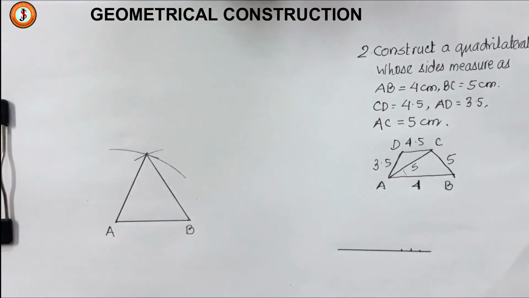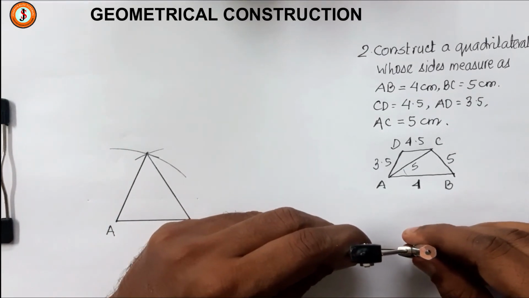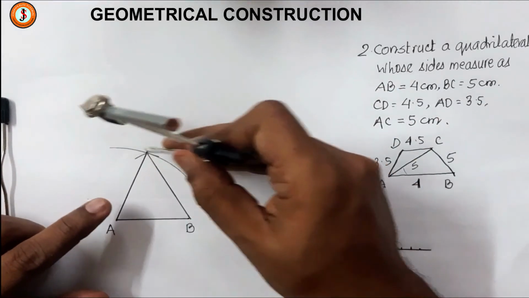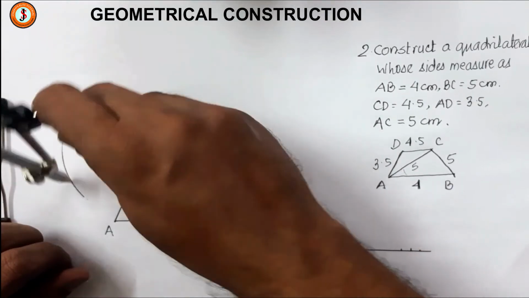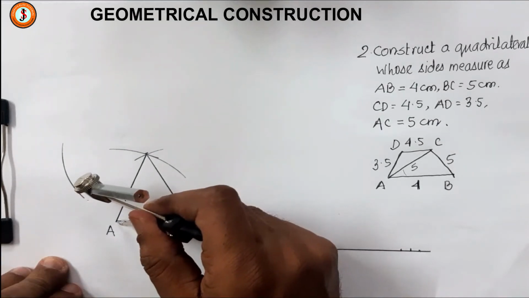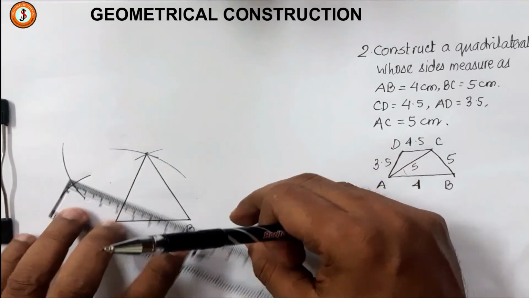Now I have to take CD as 4.5. Let me take CD as 4.5. So this is C where these 2 points meet. So CD is 4.5 and AD will be 3.5. So I'll join all these points and we make the required quadrilateral.